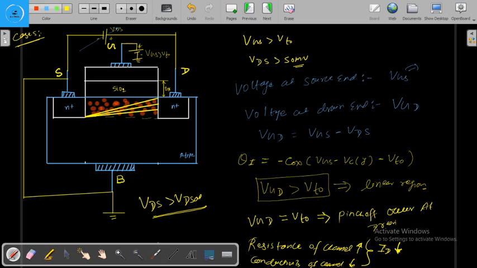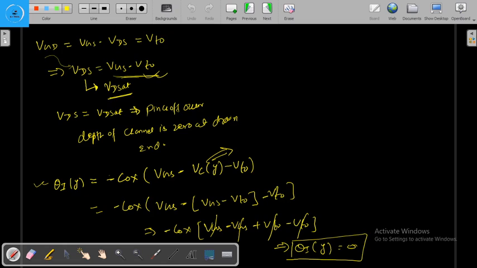The practical case we will see in the channel length modulation topic. Here we see that when the VDS is increasing beyond the VD set, the channel shape will not change, and the channel will remain tapered.